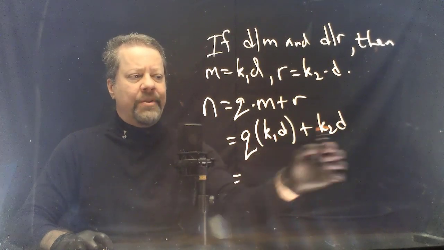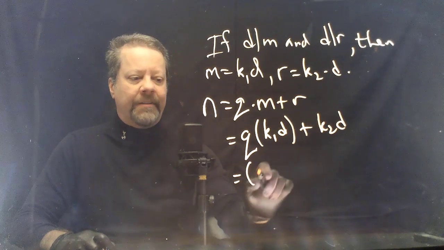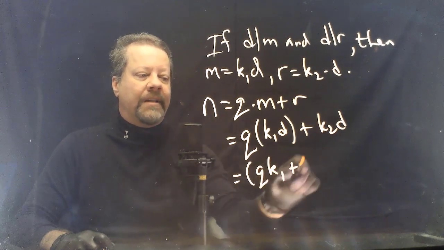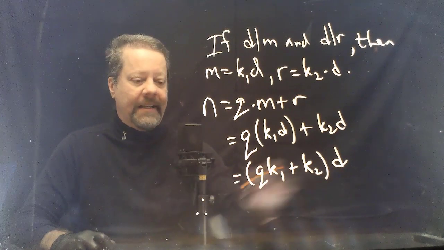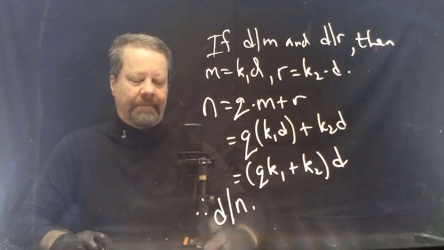We'll have these two terms, both of which have a common factor of D. We can factor the D out and assume then that D divides N.